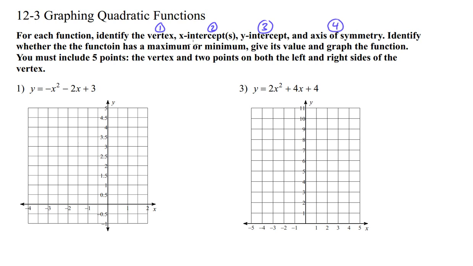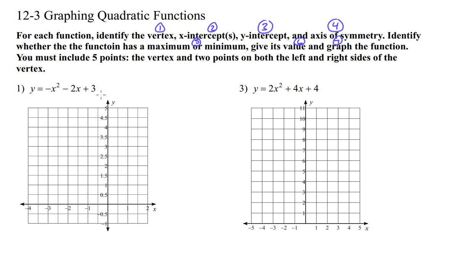Identify whether the function has a maximum or minimum. So that's going to be the fifth thing. Give its value, the maximum or minimum, and then graph the function. So there's 7 things they're asking you to do on each one of these. But a lot of these all kind of work together, so we should be just fine.